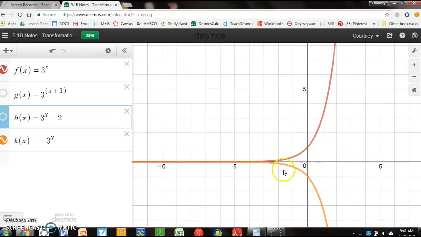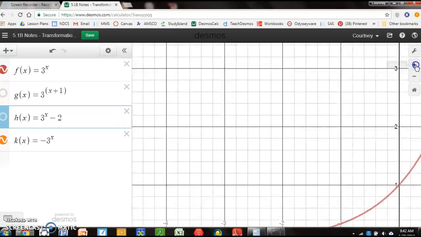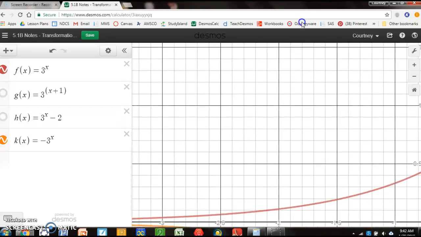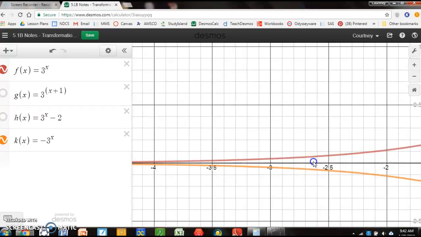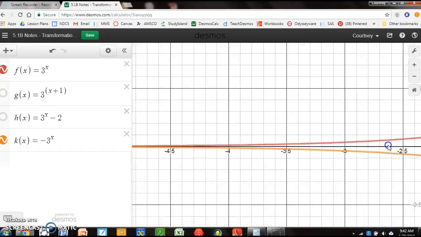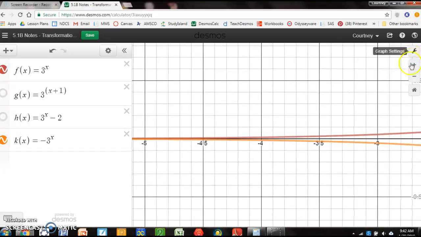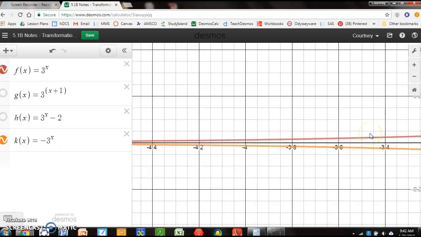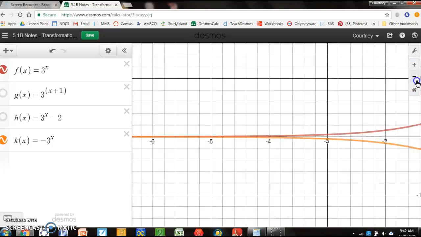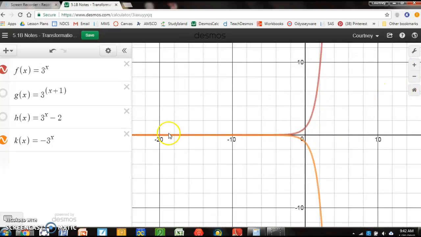And it looks here like they overlap. However, if we zoom very close to 0, we will see that they do not, in fact, overlap, but they're going to look like they do. So the closer we go, you'll see that they actually do not overlap, because 0 is an asymptote for both of them.